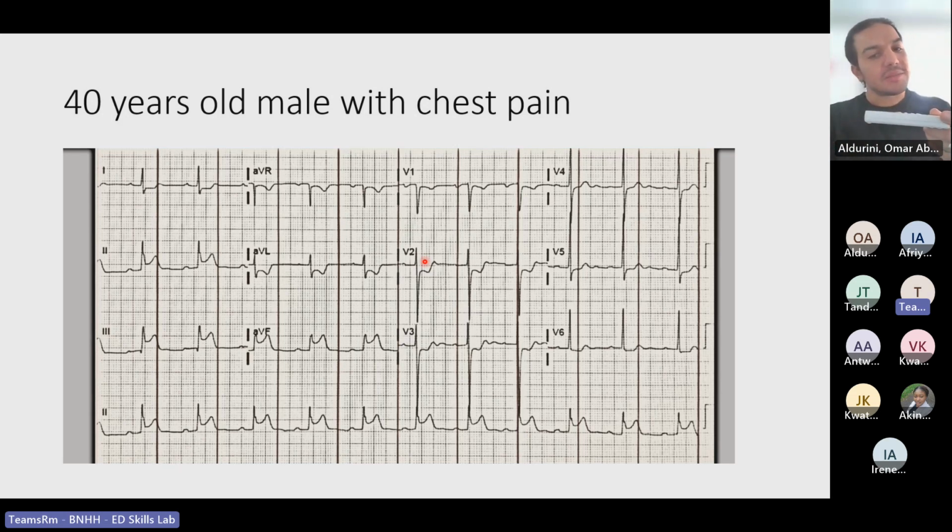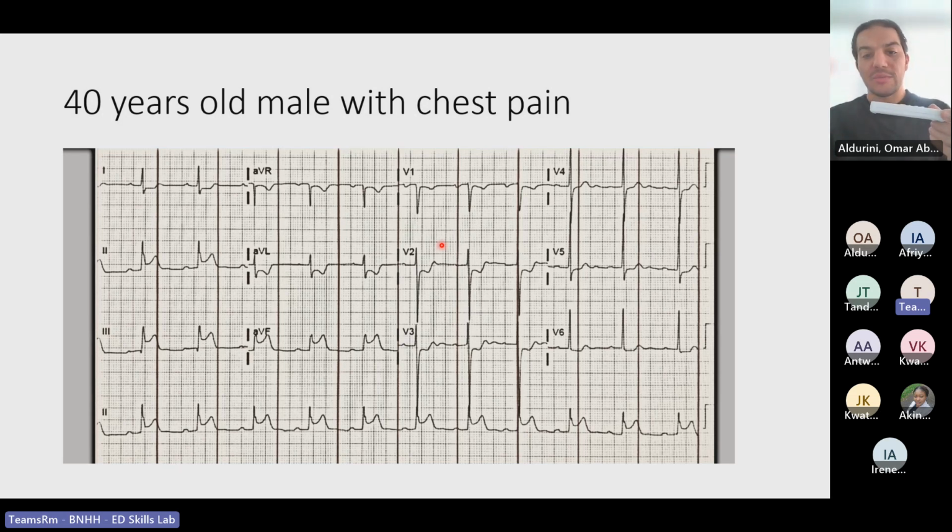Okay, and you can also think about if I have an ST segment elevation or depression in the left side of the heart, I might see the opposite in the right side of the heart. Okay, so again, if we can see a change in one area of the heart, we can see the mirror of it.